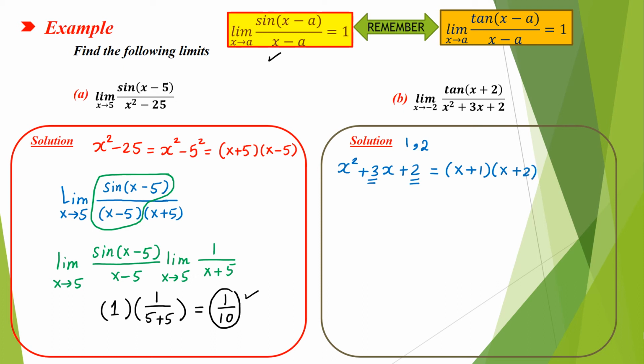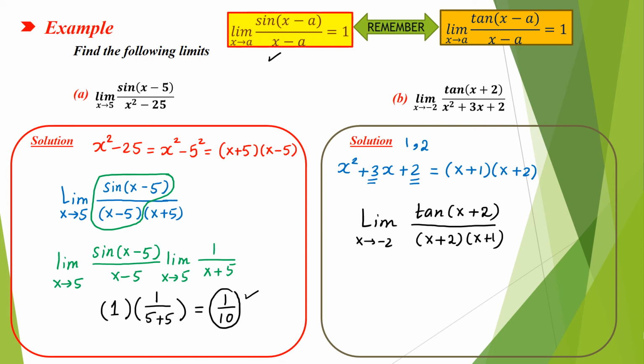Now we have the limit of tan of x plus 2 divided by x plus 2 multiplied by x plus 1 when x goes to negative 2.